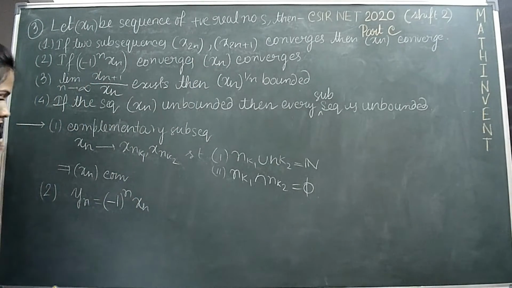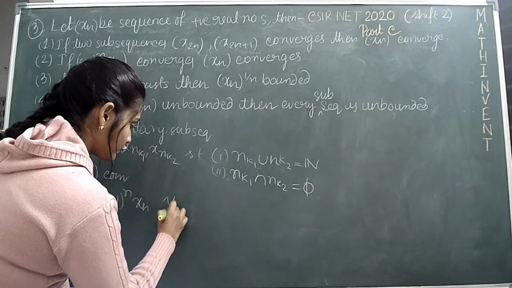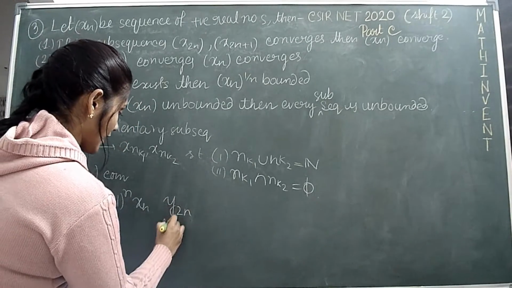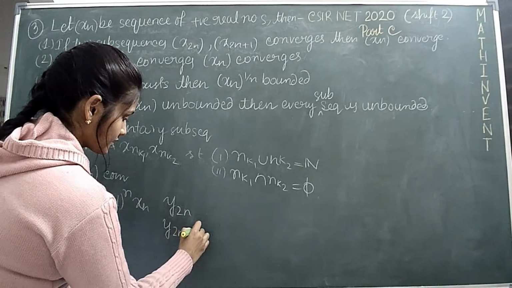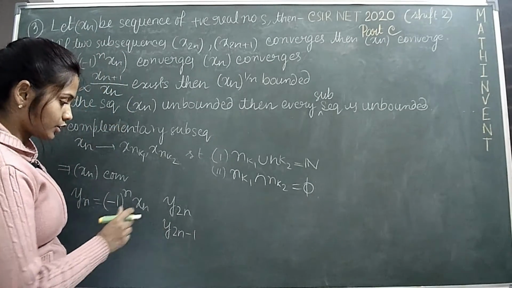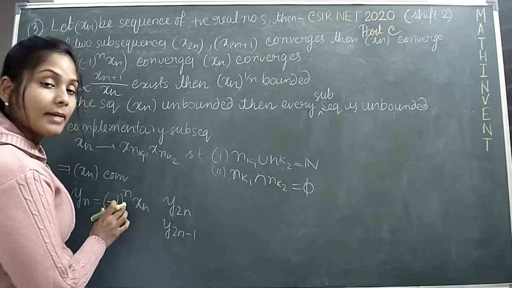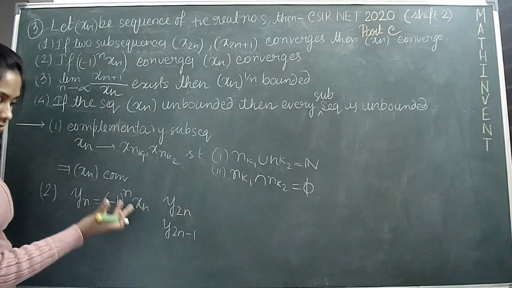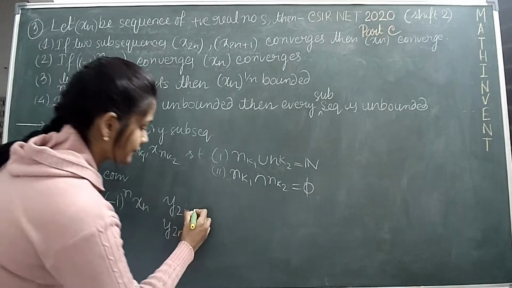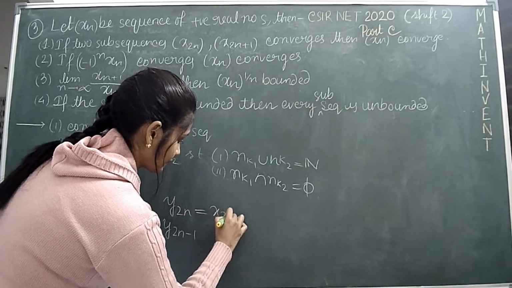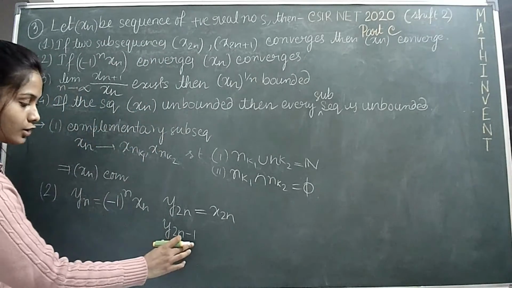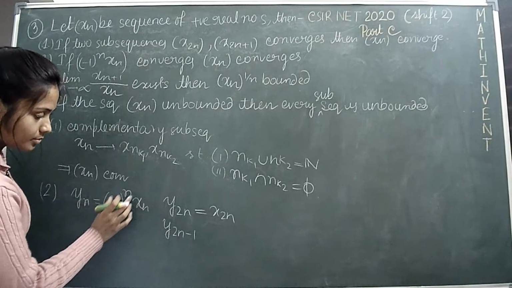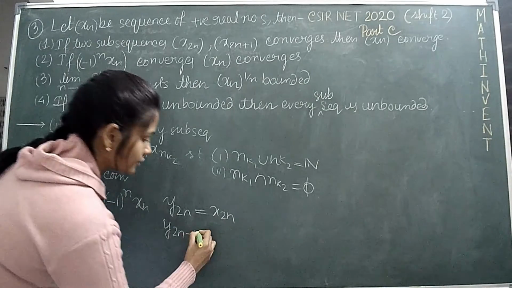Let us take a look at y2n and y2n minus 1. So y2n will be minus 1 power 2n x2n. Minus 1 power 2n will be plus 1, so it will be x2n. And y2n minus 1 will be minus 1 power 2n minus 1, minus 1 power some odd number, so it will be minus x2n minus 1.